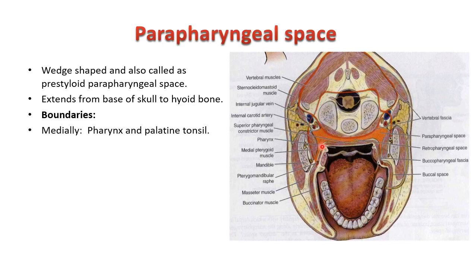So now you should remember, any infections from the tonsil definitely can spread into the lateral pharyngeal space. Laterally and behind you have the parotid gland, and in front you have the mandible with the medial pterygoid muscle. This is the mandible ramus, and that is the medial pterygoid muscle. Laterally, external to the ramus, you see the masseter muscle.